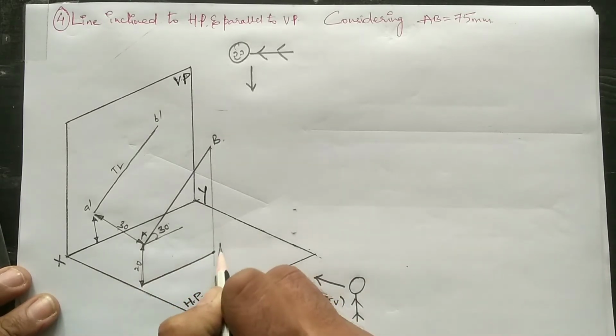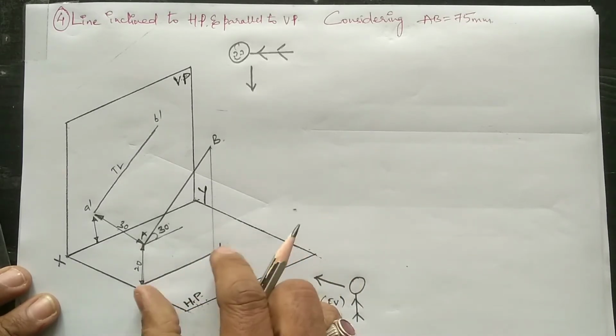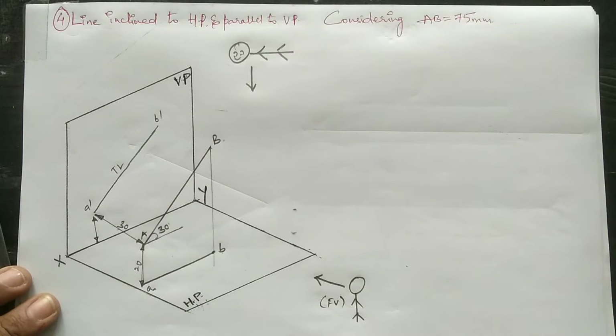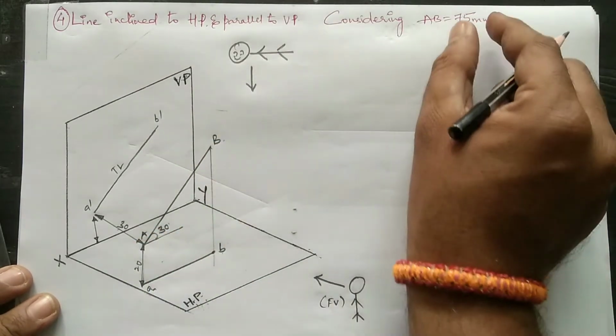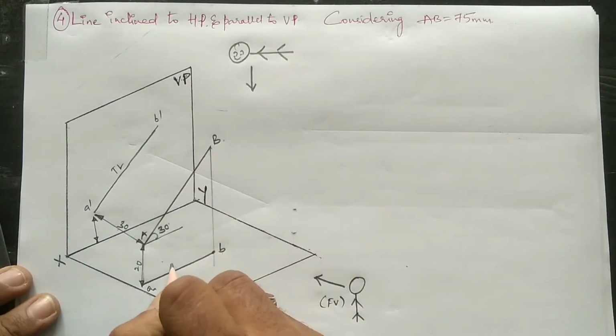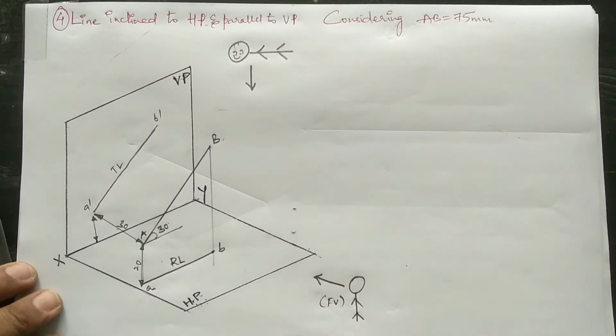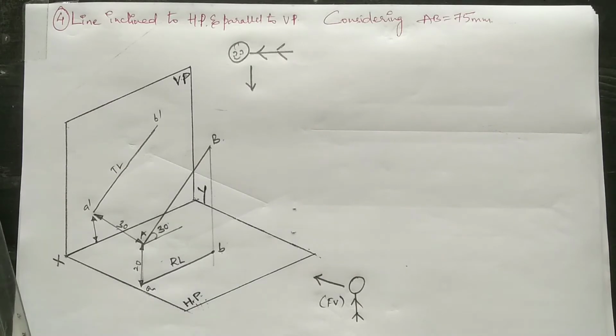So this will be the point B, and this is the point A. But this length will not be equal to the true length. Actually the length is around 75 mm, but when you draw the projection, it will be a reduced length. So the dimensions will be reduced, which we generally call the reduced length.